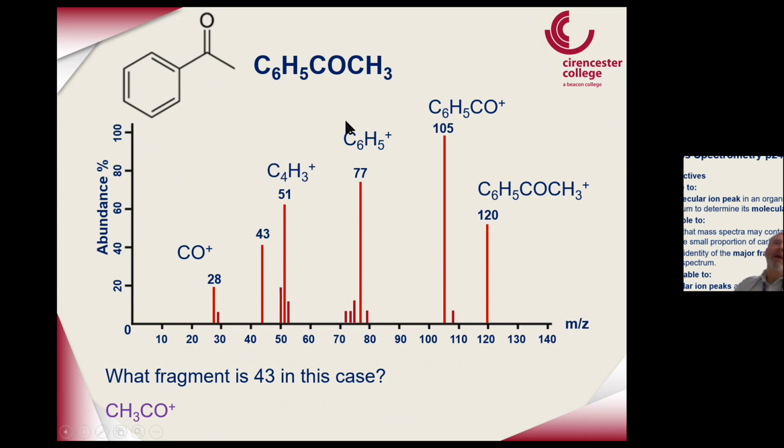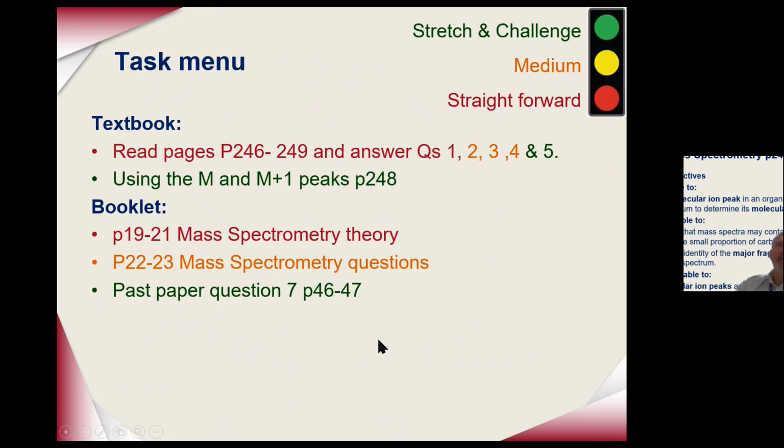And then we've got further peaks, C4H3, which is basically a part of the phenyl ring breaking apart. And CO plus is just the carbon monoxide coming off by itself, so breaking here and breaking here. Right, that is pretty much it.